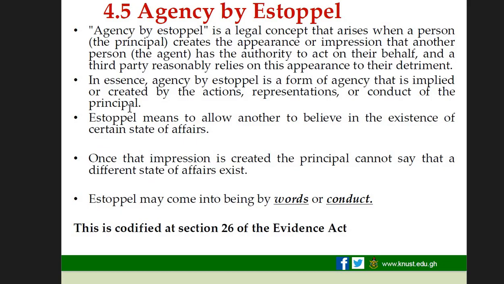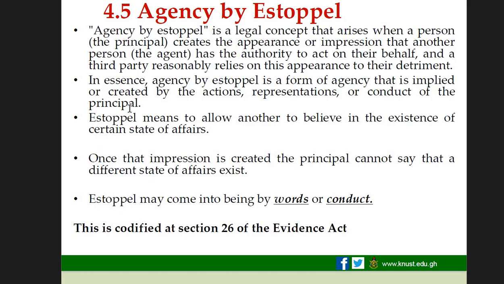So estoppel means to allow another to believe in the existence of a certain state of affairs. This happens when the principal makes others believe that someone has the authority to act for them.